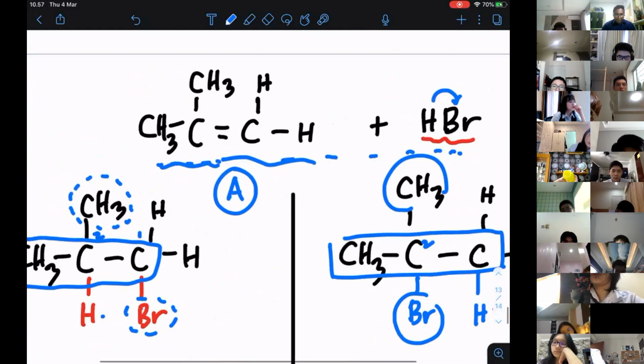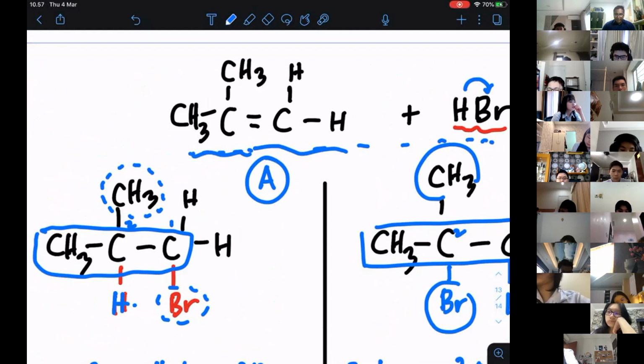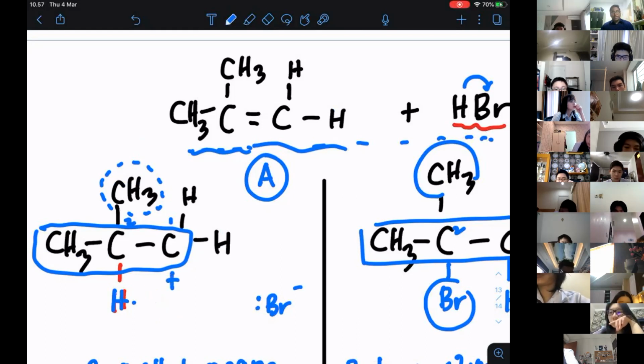In this example, the H plus came here, leaving the Br minus with its lone pairs. So I'm just going to go one step before that, and this is going to be the carbocation.